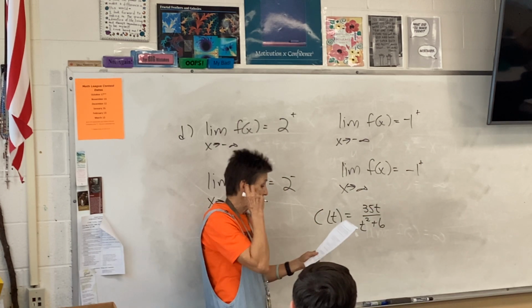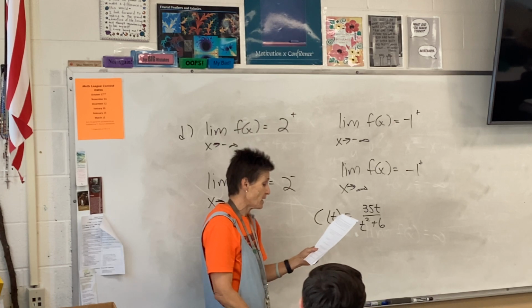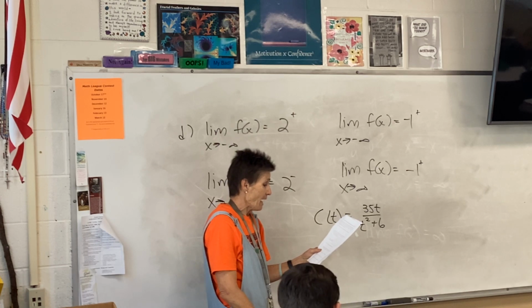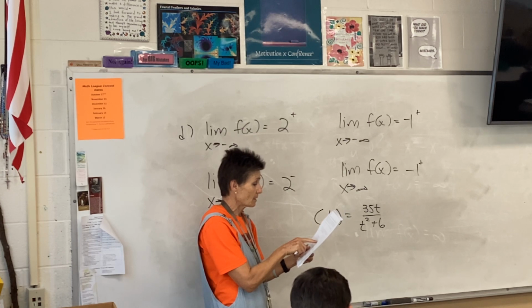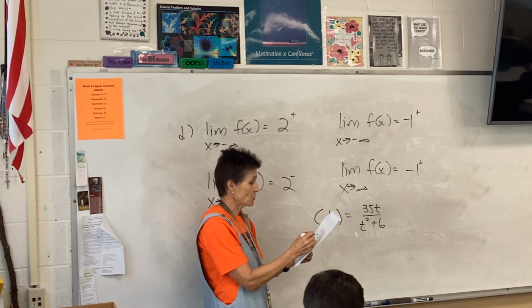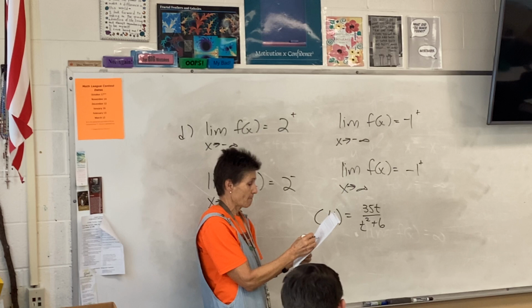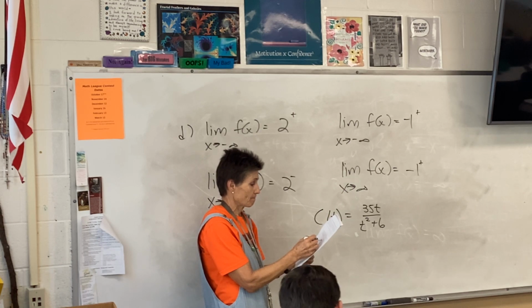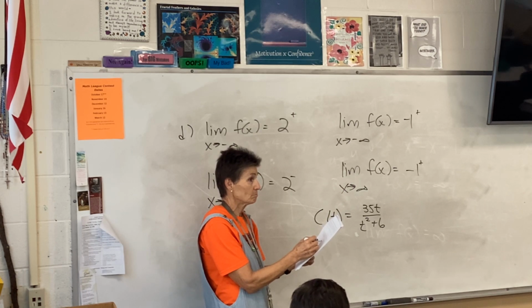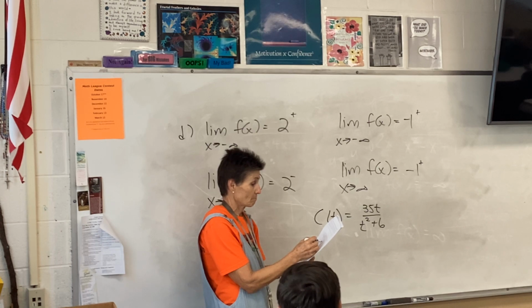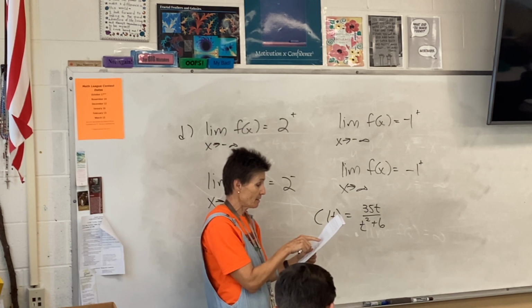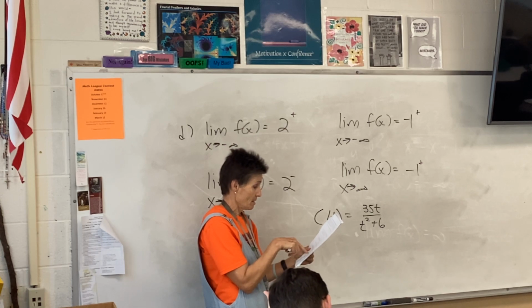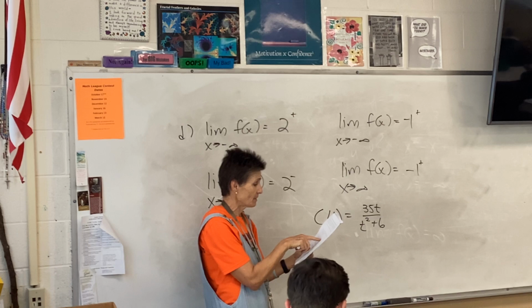All right, it's considered effective at a concentration at or above 5%. How long should the surgeon wait to start the surgery? So it looks like he should wait about an hour. At an hour, it's at 5%. How many hours is it effective?